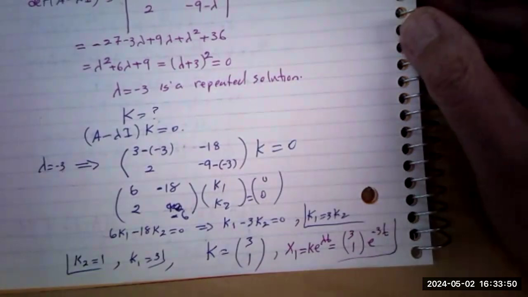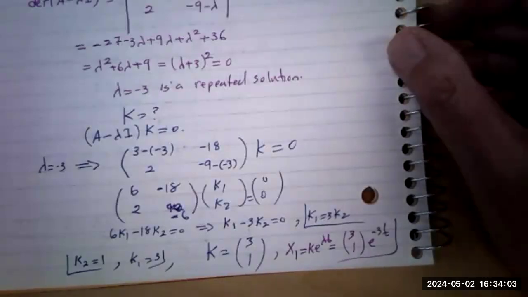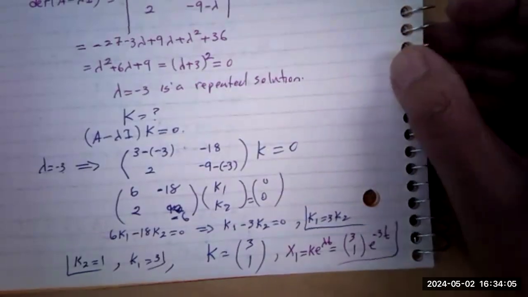Now, since it's a repeated solution, you have to repeat it, but this time to get the p. In order to get the p, you have to form, remember, A minus lambda I times p equal to k. Get the other one. Okay, are you ready? So the next step is finding the second solution.